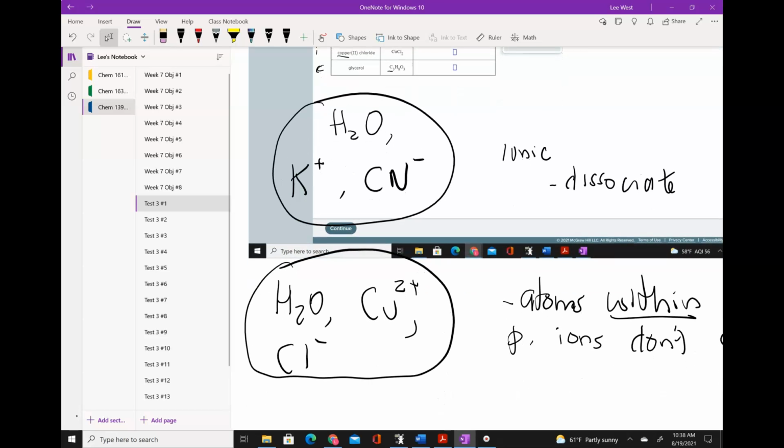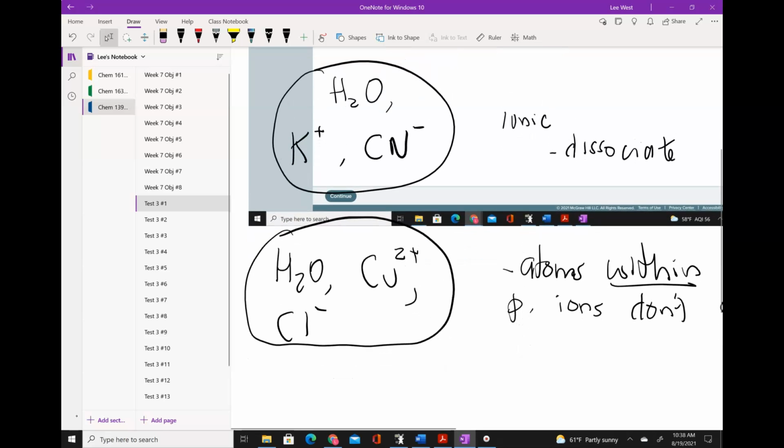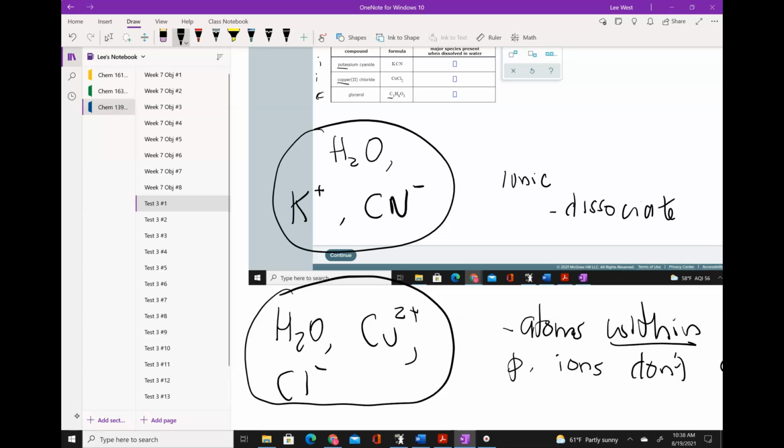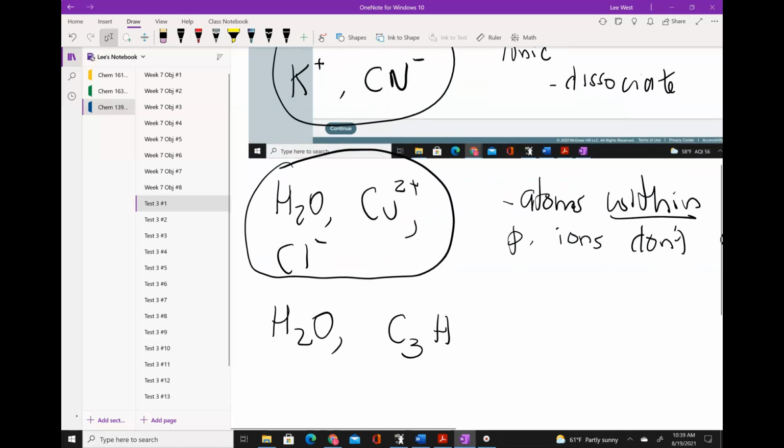Now, the third row there, glycerol. Glycerol is a covalent compound. So what that means is that these molecules don't dissociate. They remain as intact molecules. So again, water is going to be present because it is the major component. We have many moles of water. And then we've got C3H8O3.